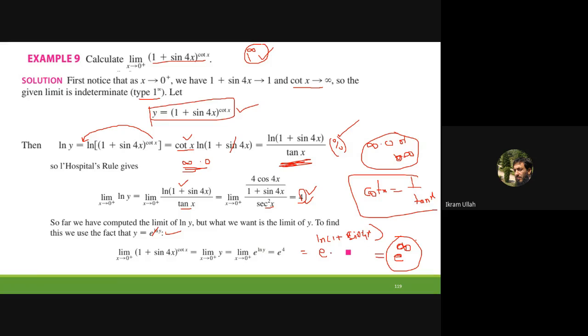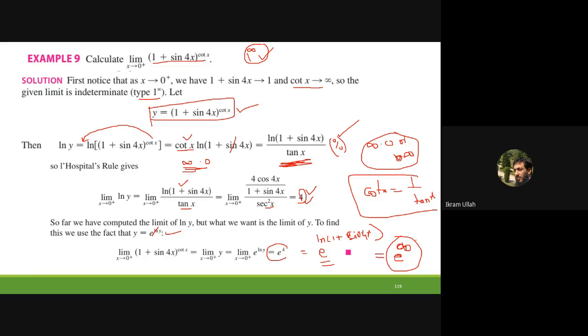So we apply the L'Hopital rule, and this will be reduced to the form e raised to the power 4.